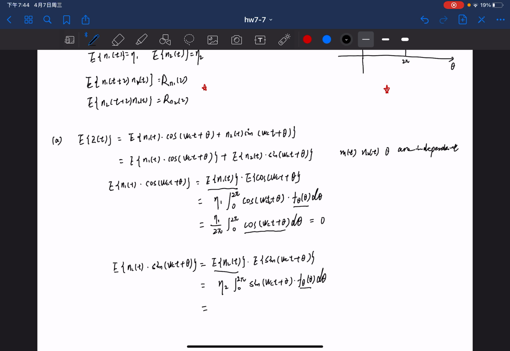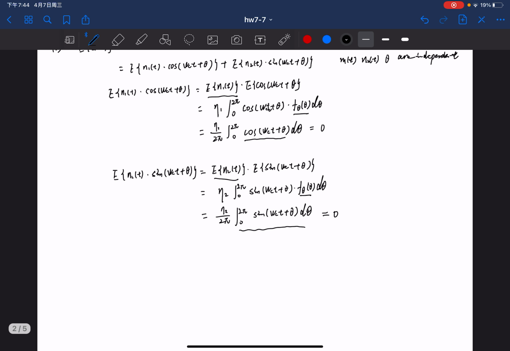The PDF is 1 divided by 2 pi, so this is eta 2 divided by 2 pi multiplied by the integral from 0 to 2 pi of sin(omega_c t plus theta) d theta. It's also obvious that this part equals 0. So the whole part equals 0.